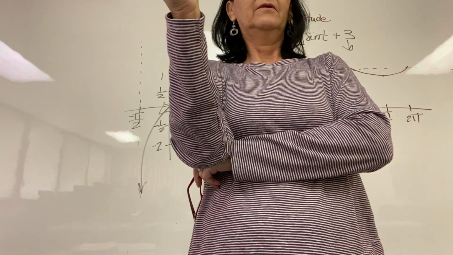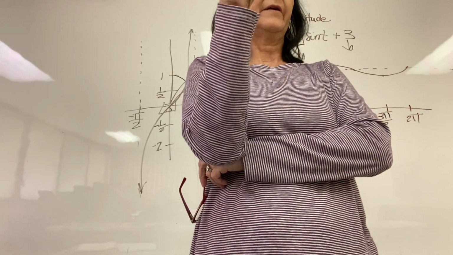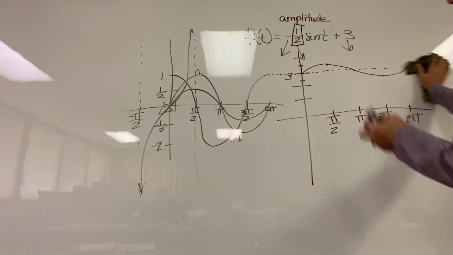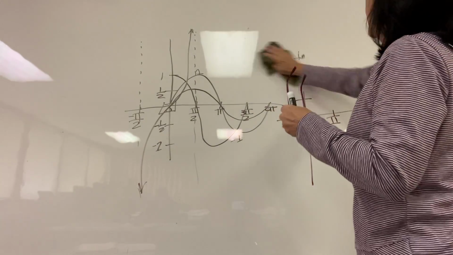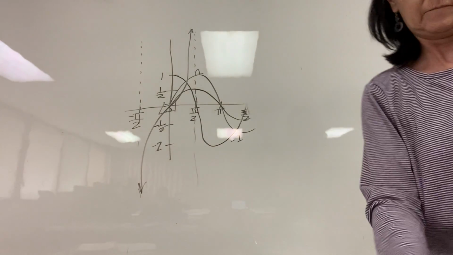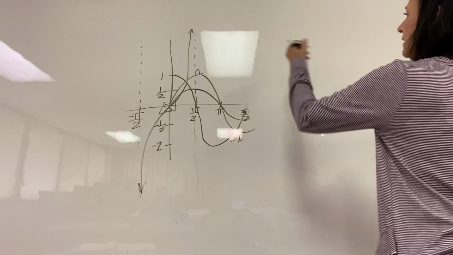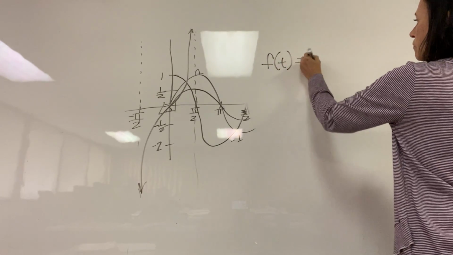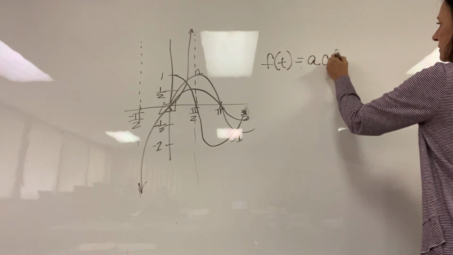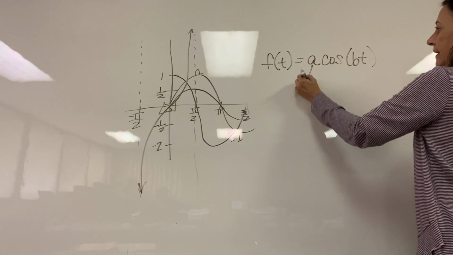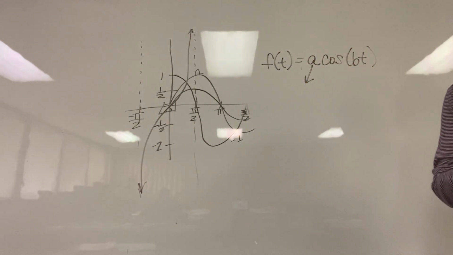Now, we're going to change the period. So let me just give you some information on the period. If I just have an equation, A is in the place of the amplitude.